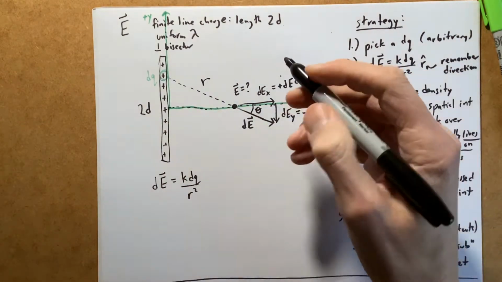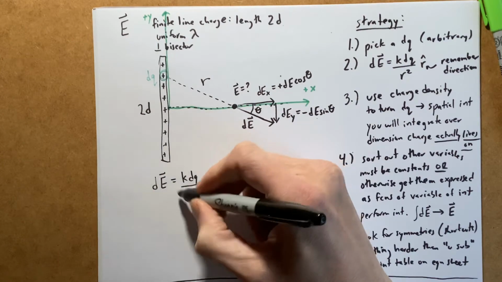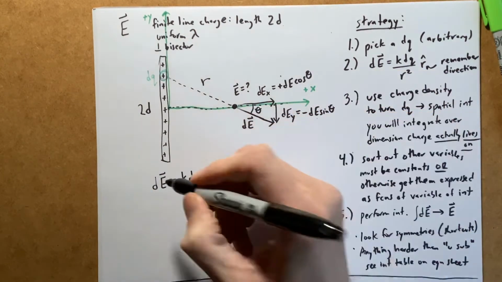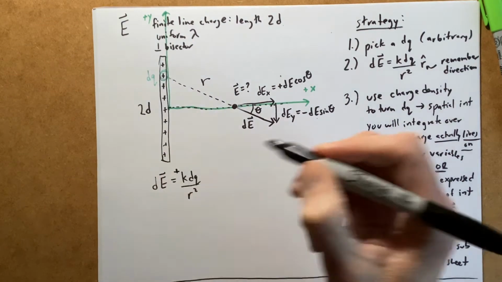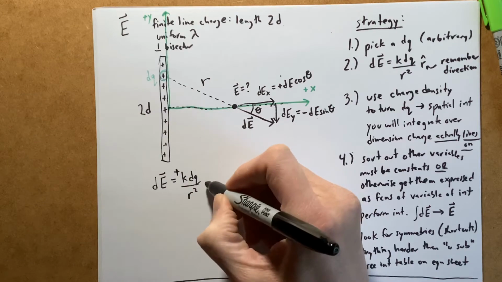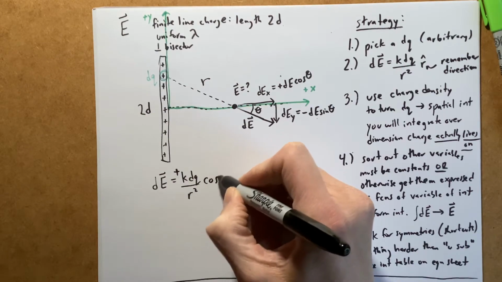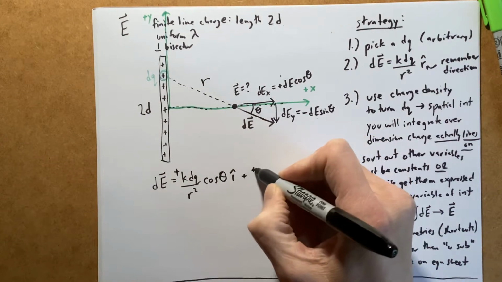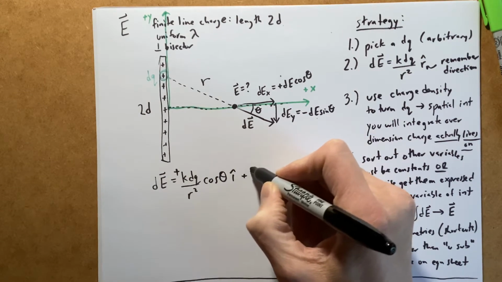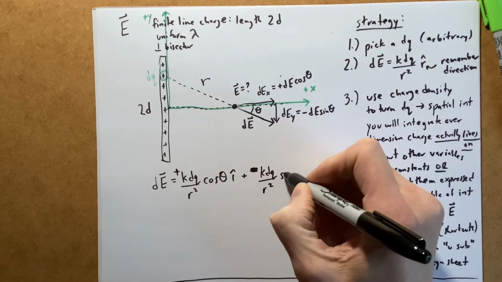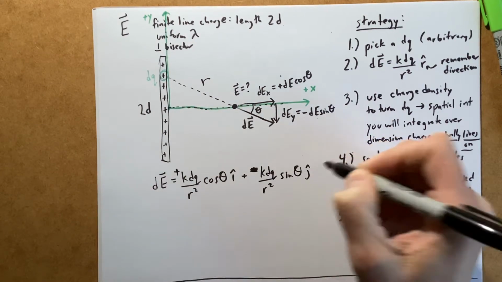So the dE here, of course, is this part right here. So let me go ahead and write down the whole vector. This is plus k dq over r squared cosine theta in the i hat direction, and minus k dq over r squared sine theta in the j hat direction.